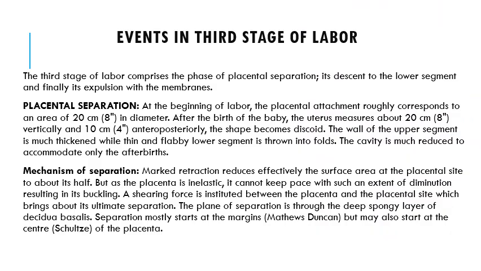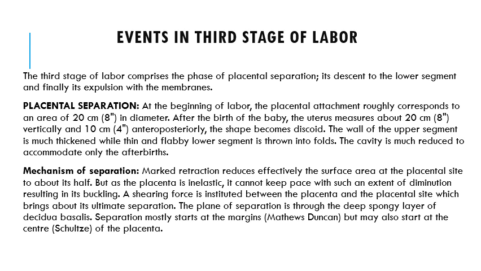Now we come to the events that take place in the third stage of labor. The third stage of labor comprises the phase of placental separation, its descent to the lower segment, and finally its expulsion with the membranes. Now, how does placental separation occur? At the beginning of labor, the placental attachment roughly corresponds to an area of about 20 cm in diameter.